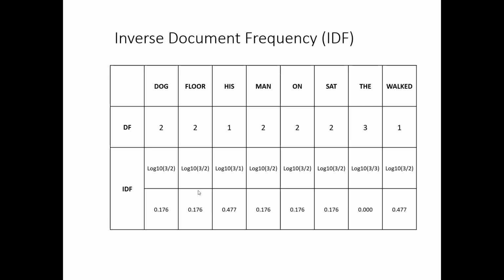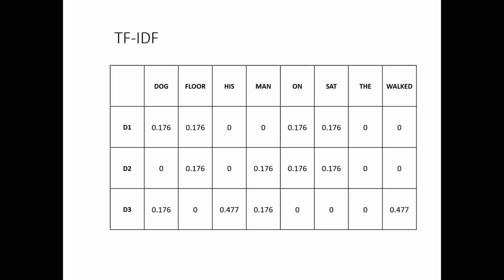Simply, the final one would be TF-IDF, which means you multiply term frequencies with the inverse document frequency value. So you can notice that these are the values, the second term, and note it here, there is 0. Because of that, when you multiply this with the term frequency, this is where you end up.